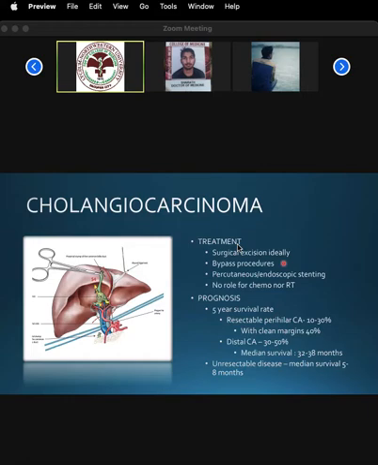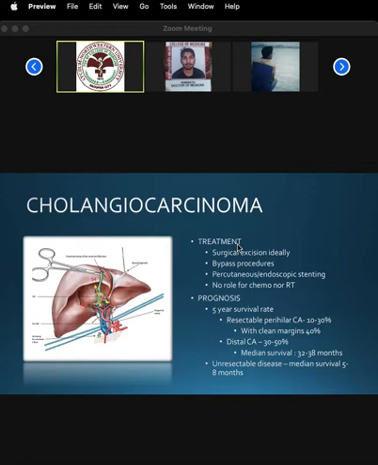Okay? Now for more distal tumors, we could bypass them doing a proximal choledochojejunostomy or hepaticojejunostomy, Roux-en-Y fashion. My usual practice when I encounter patients like this is I do not take out the gallbladder first.